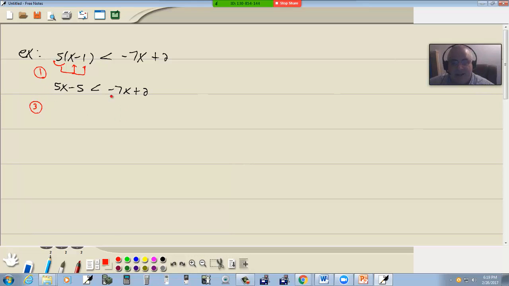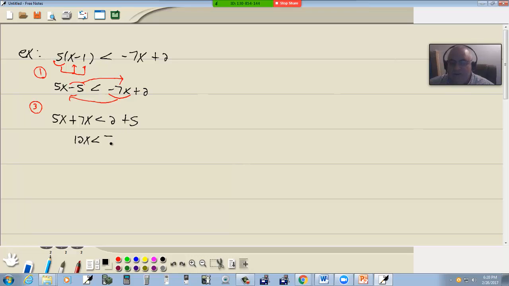Step 3, get everything with an x on the left side, numbers on the right. So I'll take negative 7x, move it over. I'll take negative 5, move it over here. You take anything across the inequality, your sign changes, so negative 7x becomes a positive 7x, and a negative 5 becomes a positive 5. Combine like terms. 5x plus 7x is 12x.